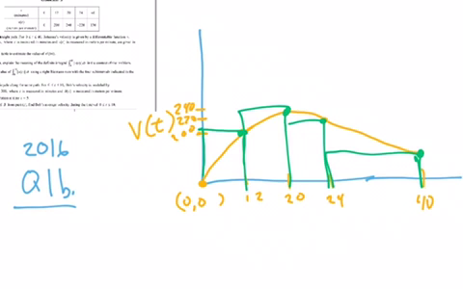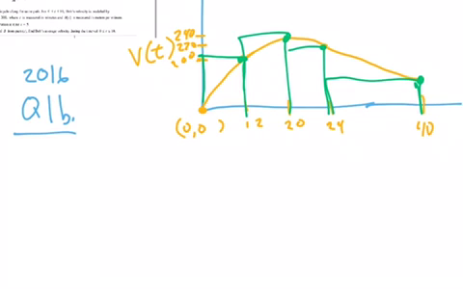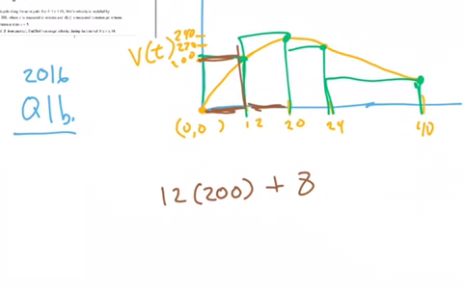Okay? And so if I'm going to calculate this, and you don't have to draw the picture, but if it's confusing, draw the picture. The base is 12. The height is 200 for the first one. Then the base is 8. The height is 240.